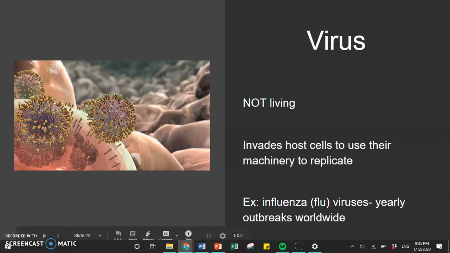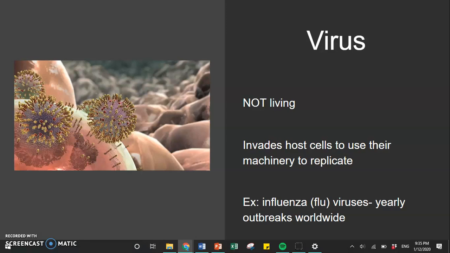Lastly, we have viruses. On the left, we have the flu virus for influenza. They're yearly and they have outbreaks worldwide. The important thing about viruses is that they're not living. We'll explain a bit about what that means in a little bit. But they are not made up of cells.